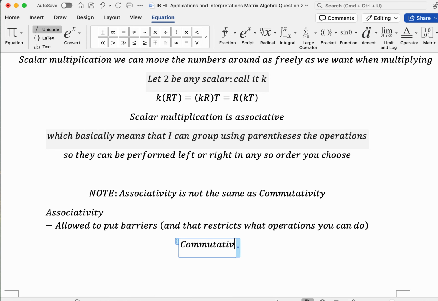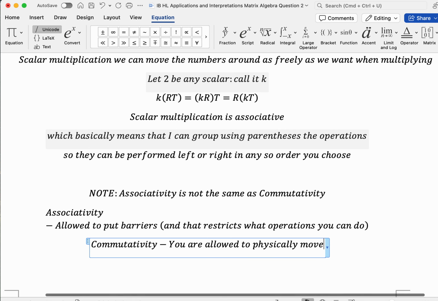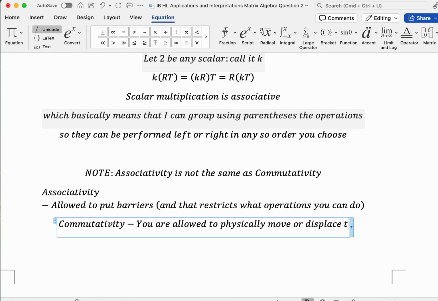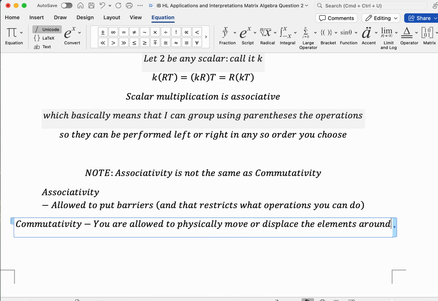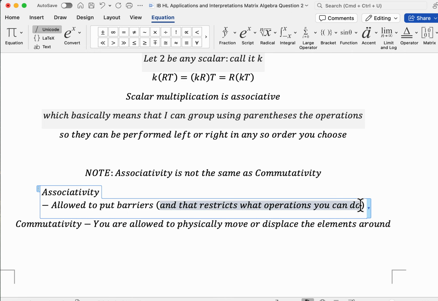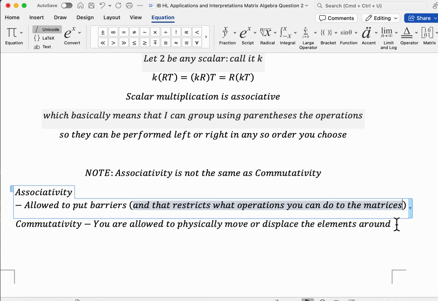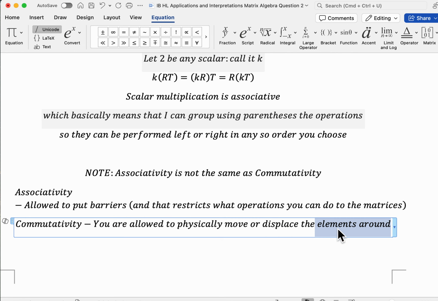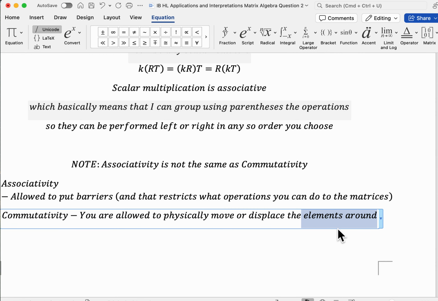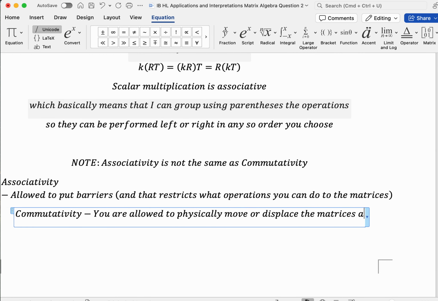Commutativity, on the other hand, you are allowed to physically move or displace the elements around. Due to the matrices, I shouldn't say elements here, because that implies the component-wise pieces. Displace the matrices around, then apply the operations.